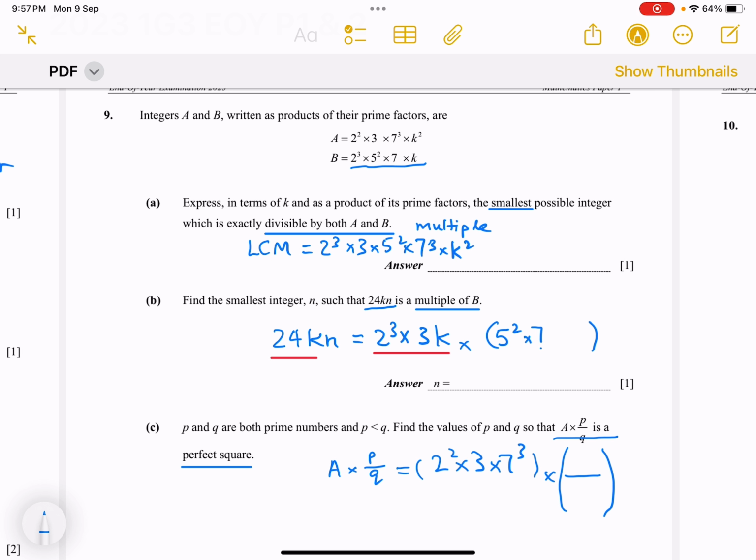And b has k. Do we have k? Yes, we have k. So this is the final answer, 5 squared times 7. And this is the value of n, that is the number that we are supposed to find.